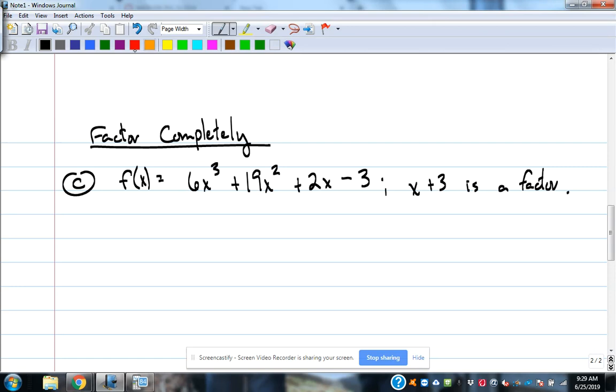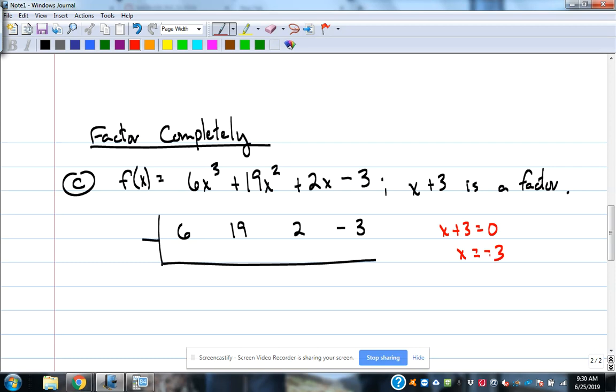So when I set that up with synthetic, 6, 19, 2, negative 3, and then I take the x plus 3, set it equal to 0, and subtract 3, and I'm going to get negative 3 goes on the shelf. Okay, so negative 3 on the shelf, and then we work our synthetic division.